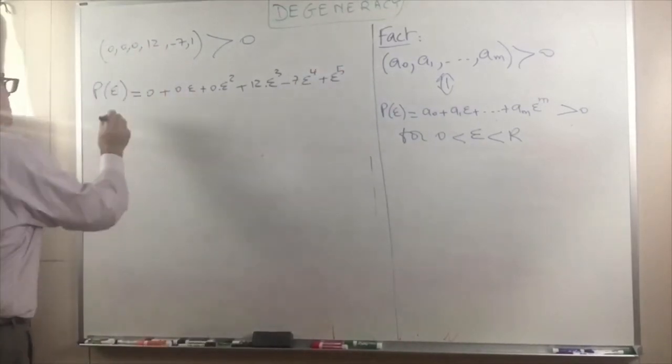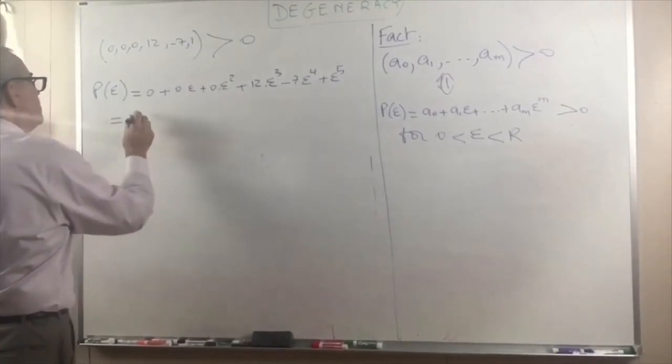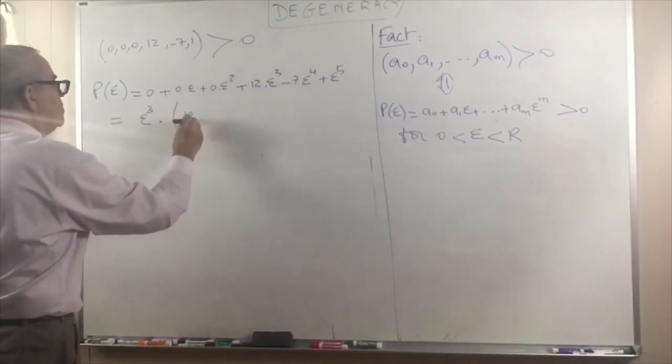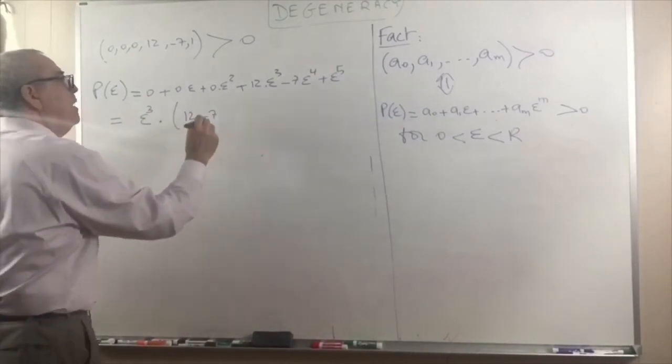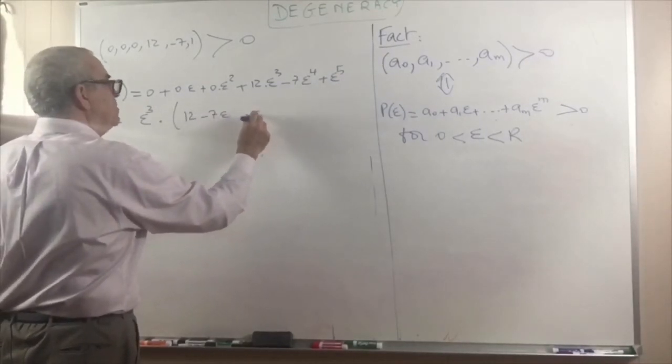So I'm going to factor epsilon to the power 3. Here is 12 minus 7 epsilon plus epsilon squared.